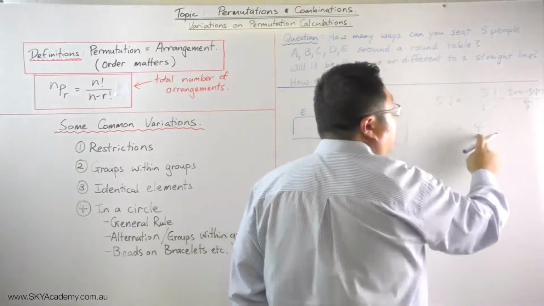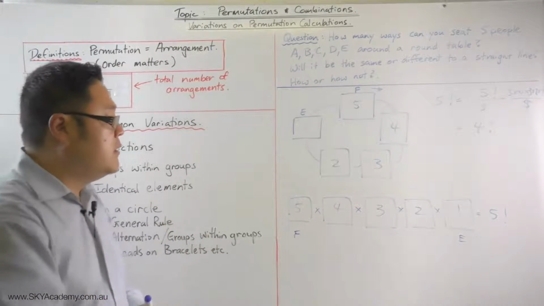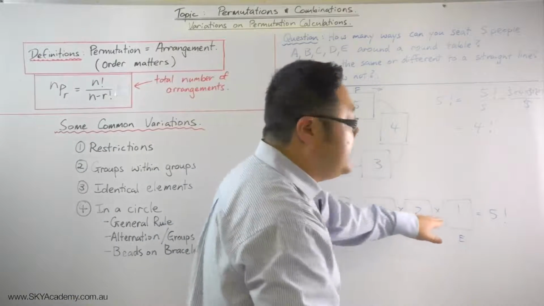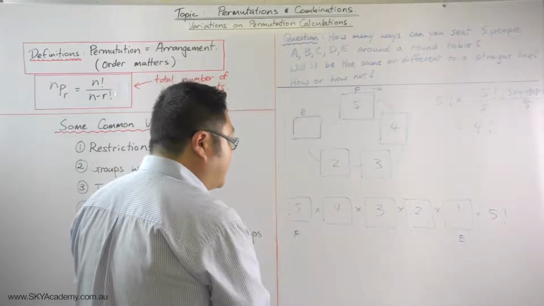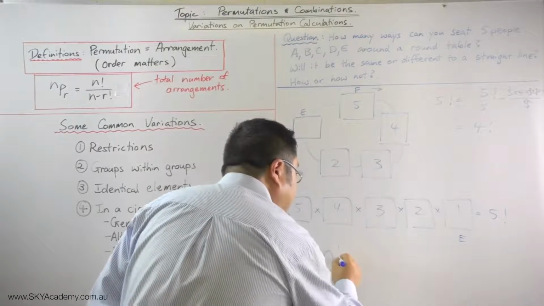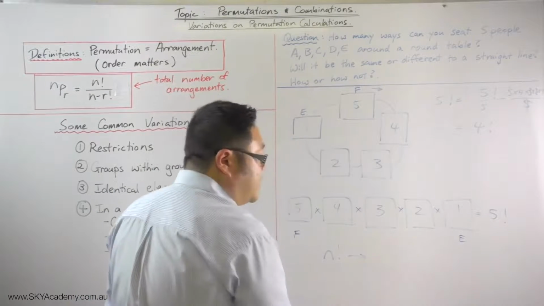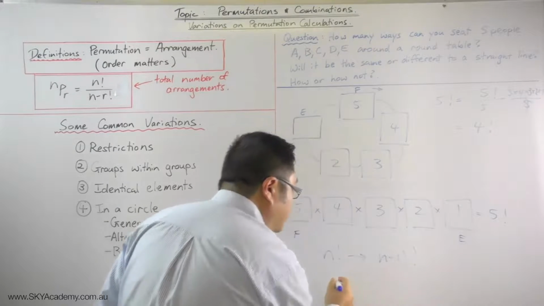The 5's cancel out and you've got 4 factorial. So, generally speaking, where you've got n elements in a straight line, the number of arrangements would be n factorial, whereas in a circle, it would be n minus 1 factorial.